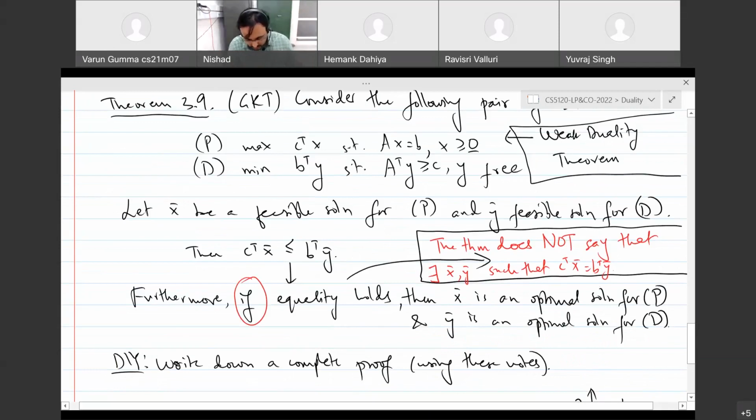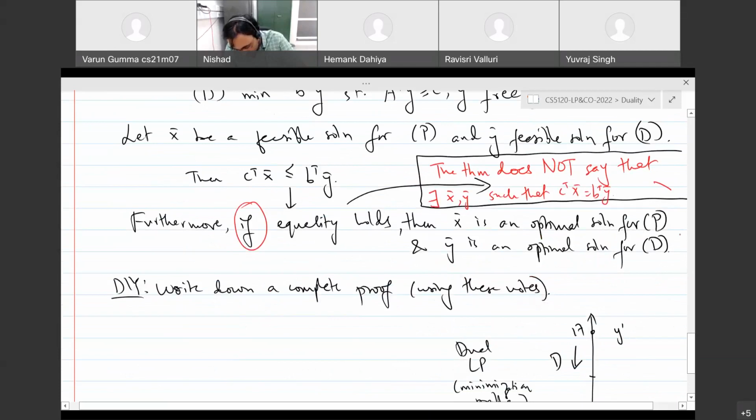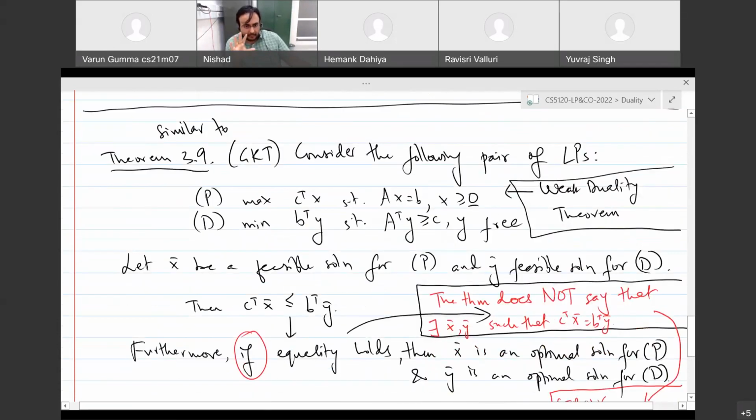Strong duality says they exist. So what we have proved today is simply the weak duality theorem for this special form of primal linear program, which dictates what the dual linear program looks like.